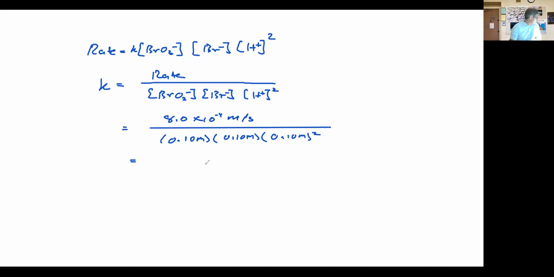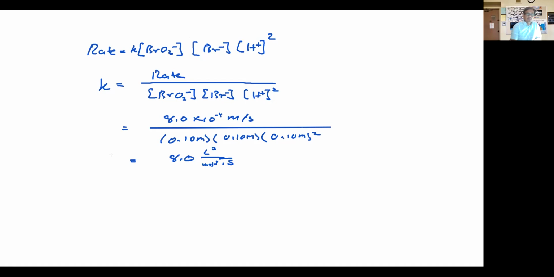I end up getting, please make sure you check this for me, 8.0, and the unit is going to end up being liters cubed over mole cubed times seconds. Okay. All right, so that is how we find the constant for this particular reaction.